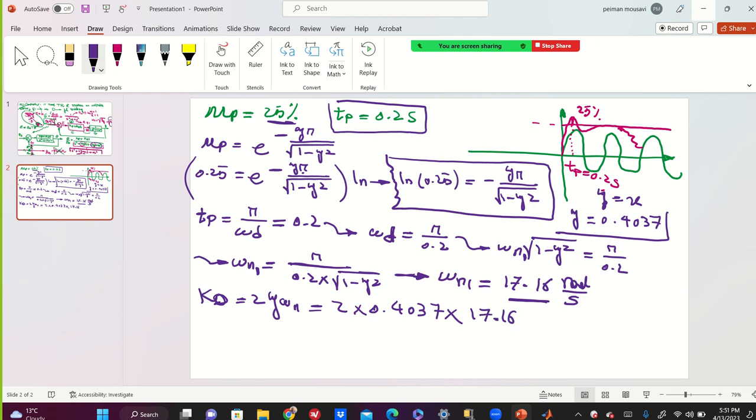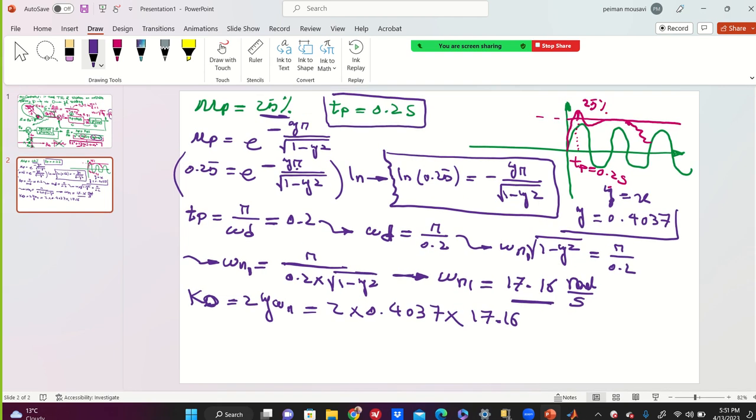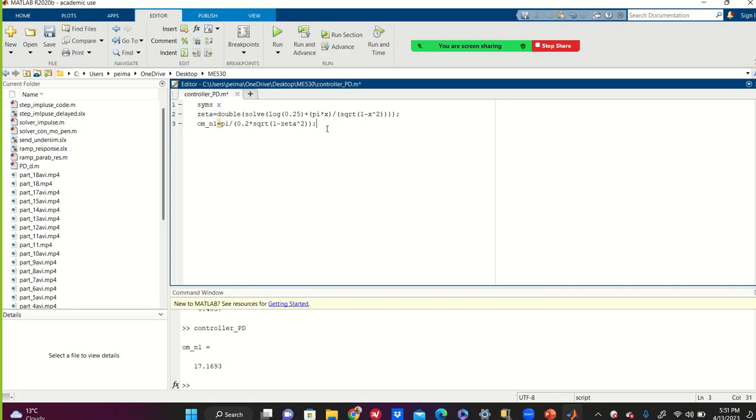So let's go to MATLAB. I'm going very slowly to make sure that you fully understand the PID controller, okay? So your Kd controller gain is 2 zeta omega n1. If I run this, your Kd is 13.8629, the gain of the D controller. Bingo.